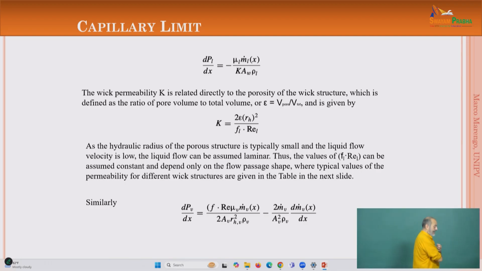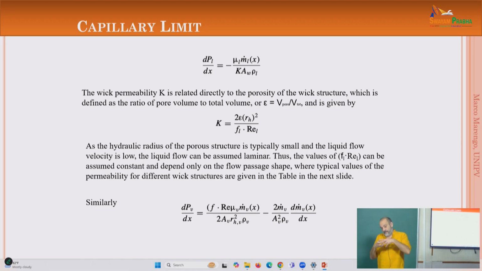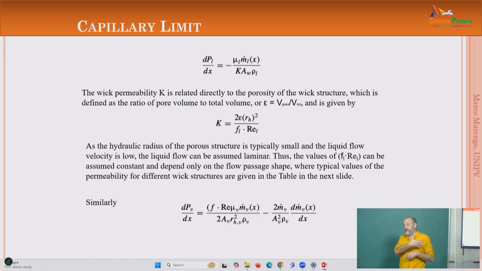Well, yes, it's like that, but we need the wick to also be topologically open. You can have very small pores, but if at some point they block the passage, it doesn't work anymore. You create a lot of pressure, but only locally, and there is no chance to have a flow. So you need to build a system that is very good in terms of capillary pressure, with small pores, but pay attention that it must be open, so the liquid must pass.